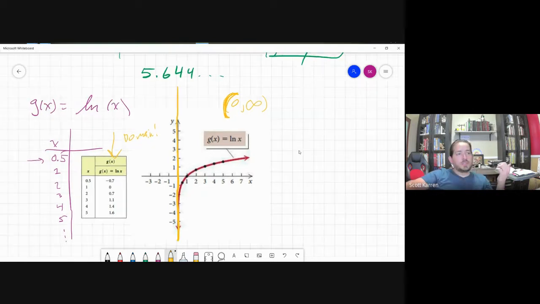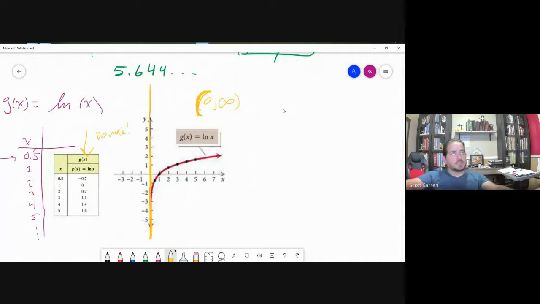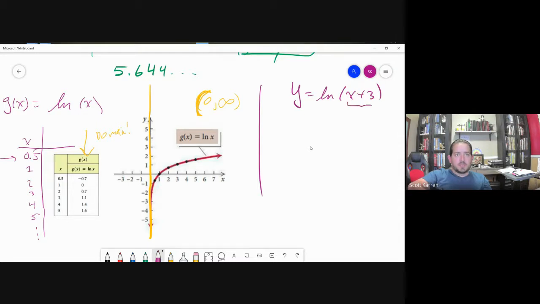And then, of course, with these guys, we'll just go through this pretty quick, because we've seen it before. But if I want to graph y equals the natural log of x plus 3, because I have inside these parentheses this plus 3, this should be a horizontal shift of 3 to the left, right?